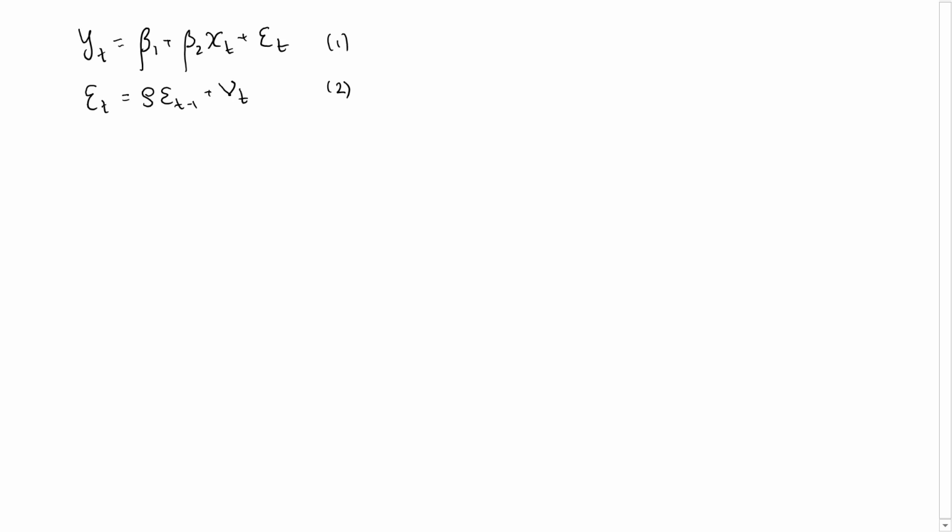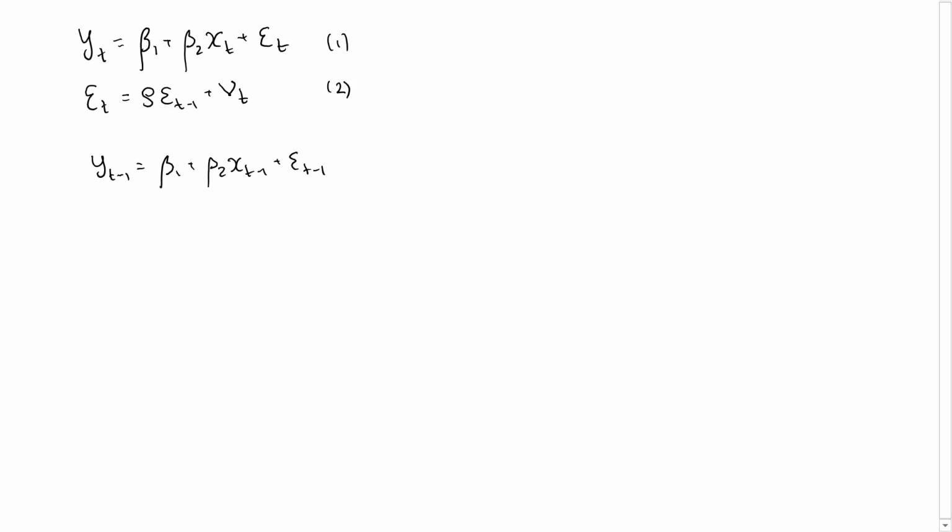So equation 1 is valid for all t, so that means that it's valid in this period but also in the previous period. So I can write equation 1 just as well as y t minus 1 is beta 1 plus beta 2 x t minus 1 plus epsilon t minus 1. This works just as well as equation 1.